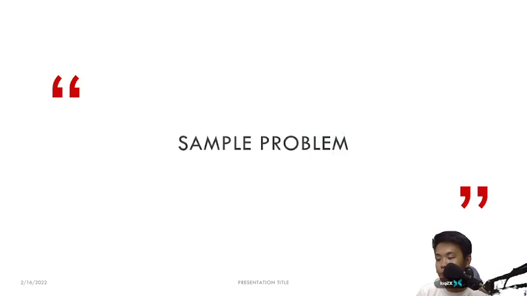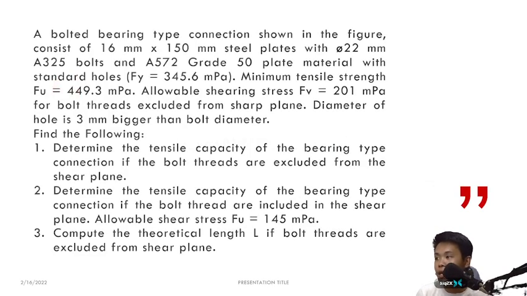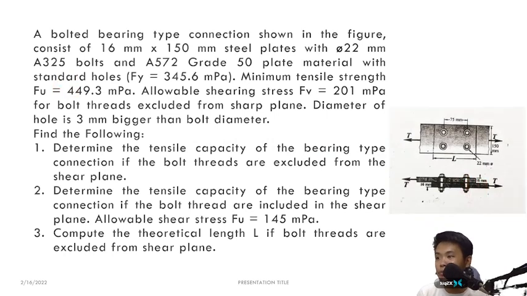So now we will proceed to the sample problem. A bolted bearing type connection shown in the figure consists of a 16 mm by 150 mm steel plate with 22 mm diameter A325 bolts and A572 Grade 50 plate material with standard holes. Fy is equal to 345.6 megapascal.